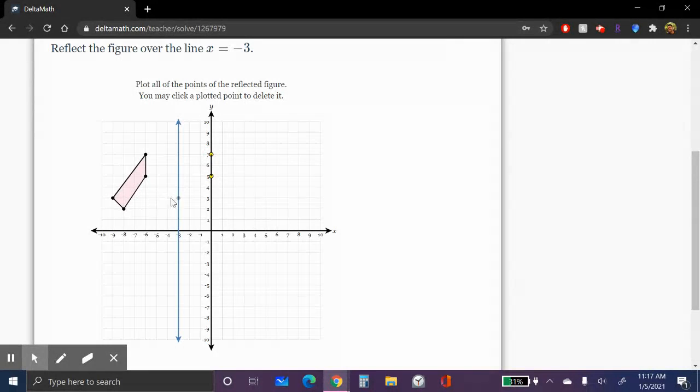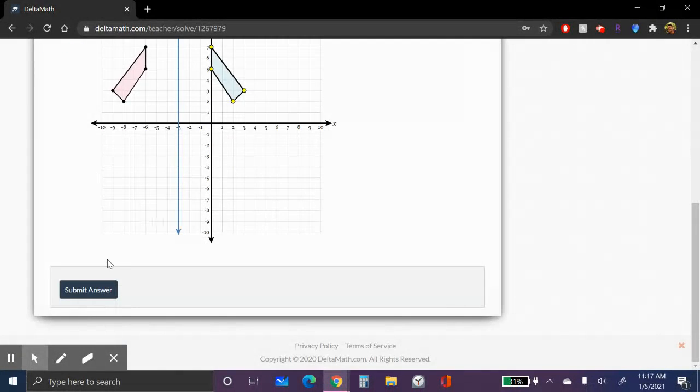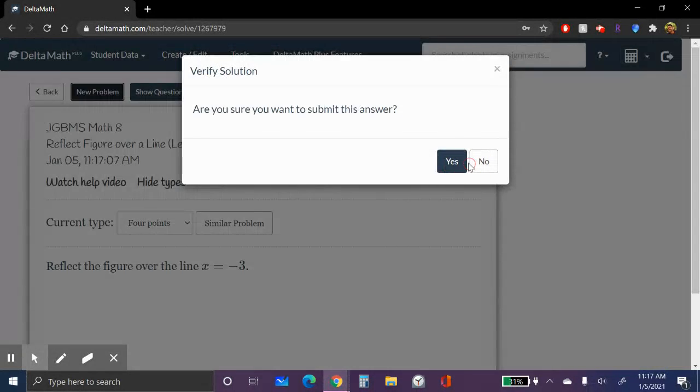This one goes left 1, 2, 3, 4, 5, 6, and the same on the other side. And then one more, 1, 2, 3, 4, 5 on each side. Bam. There is my reflected image.